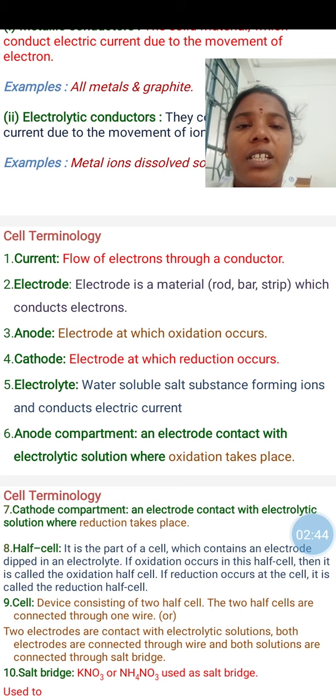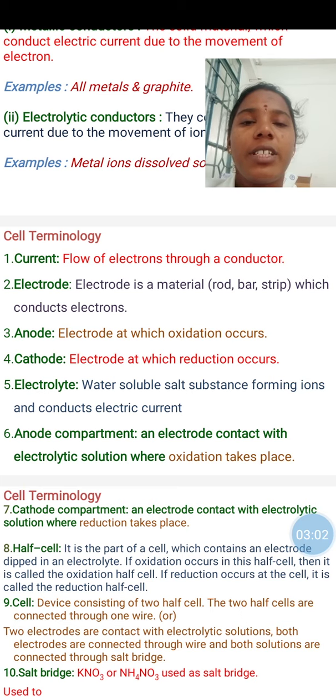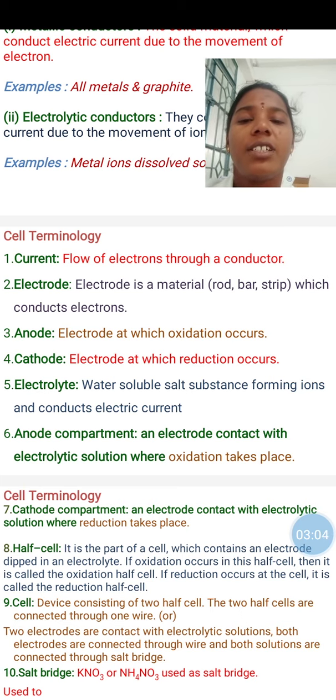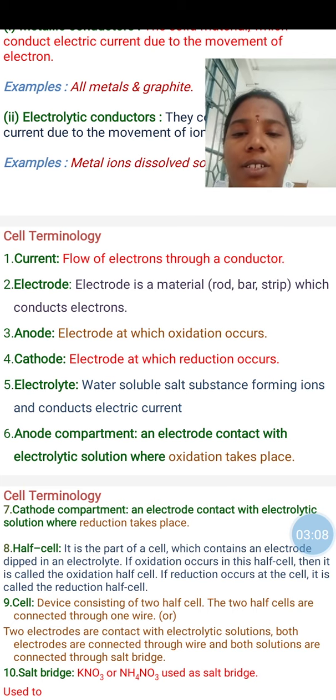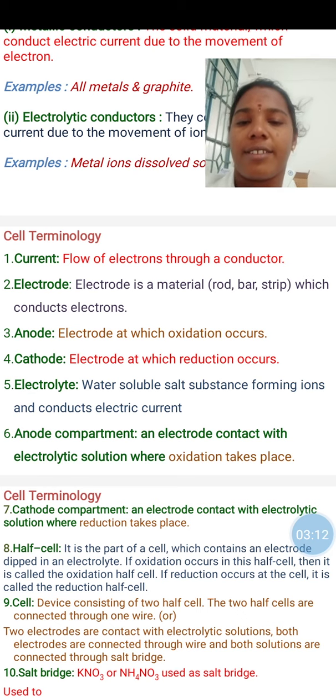Oxidation is the reaction that takes place with liberation of electrons. The cathode is the electrode at which reduction reaction occurs. Reduction is the reaction that takes place with gain of electrons.